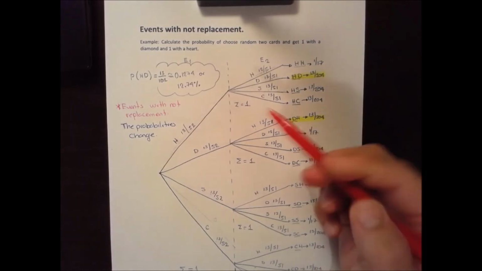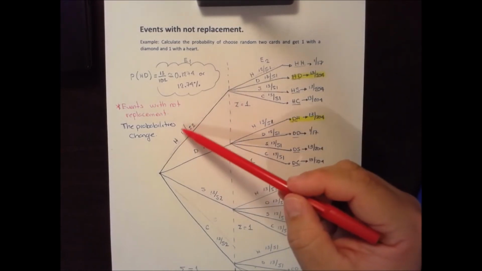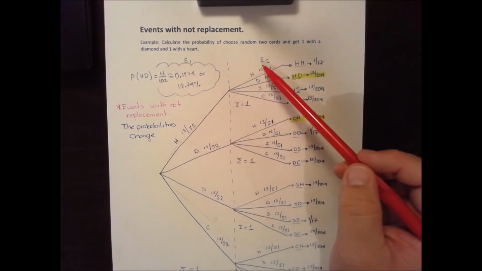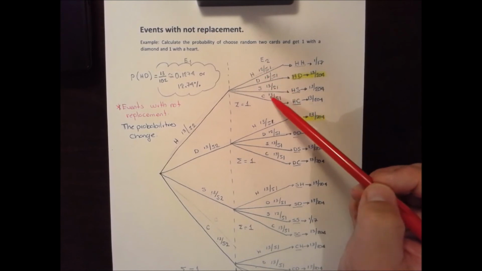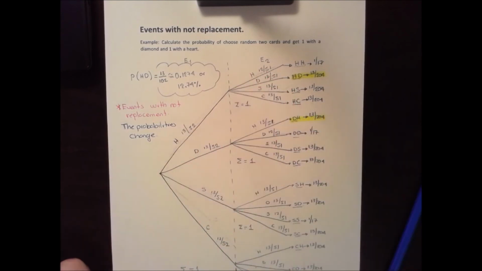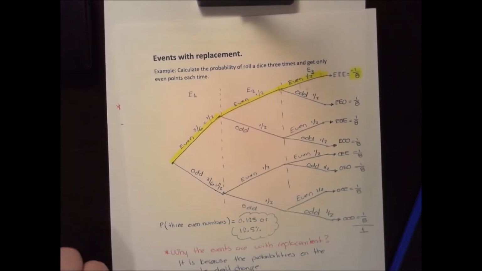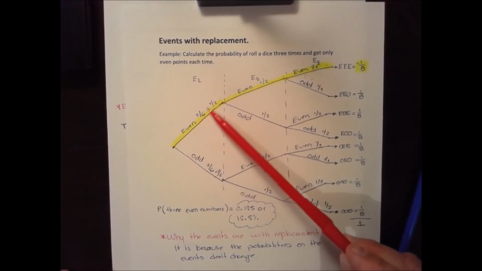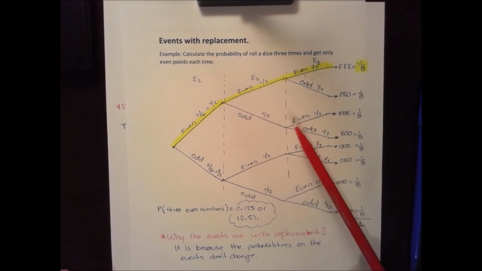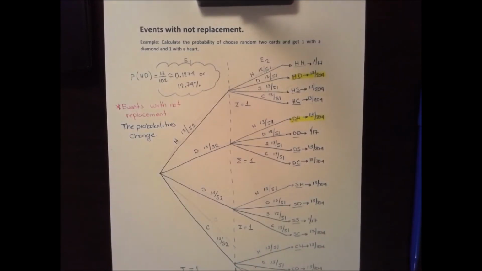As you can see, here the probability was 13/52, and here it changes, here and here and here and here. The probability changes. And in the other example about the dice that I'm going to show you, with replacement, the probability didn't change. It stays the same. And this is very, very easy to understand.